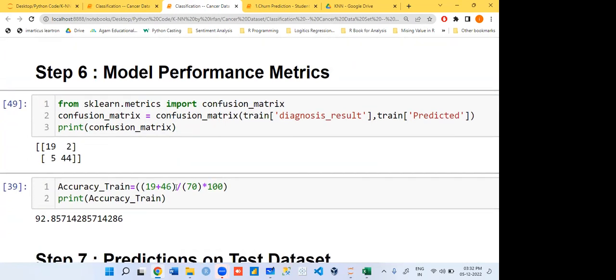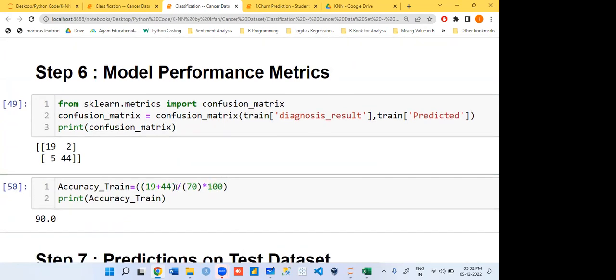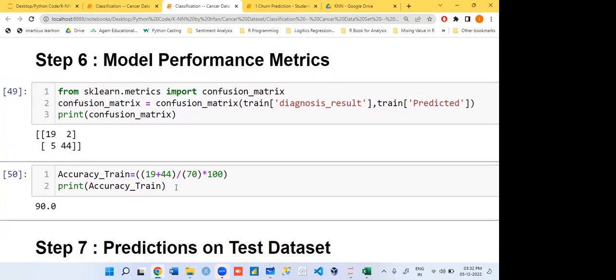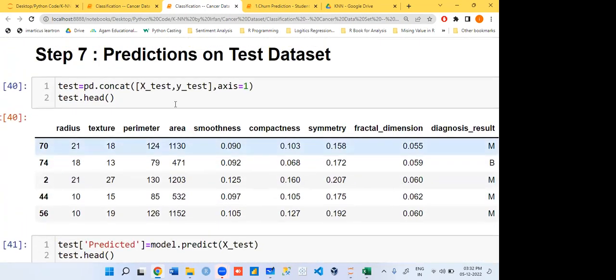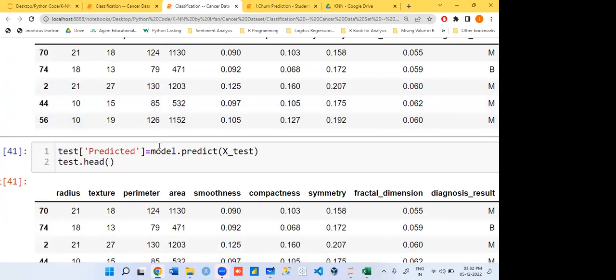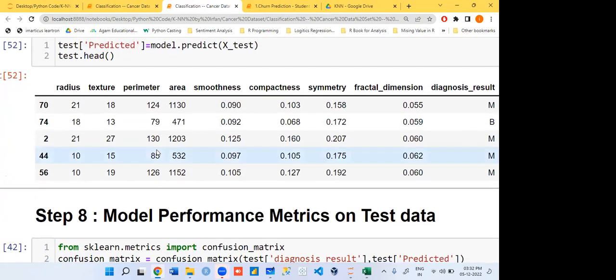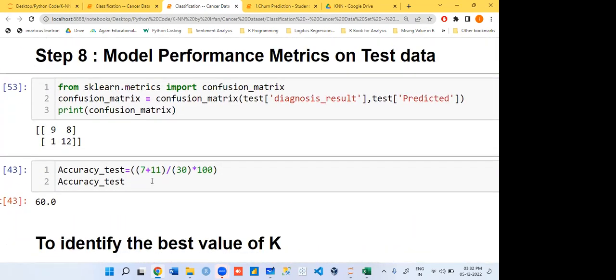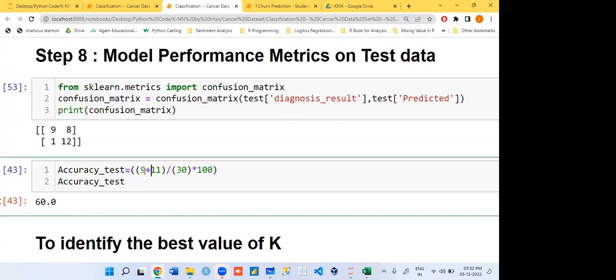How much? 90% matches. So can I say the model is good fit now for train and test?